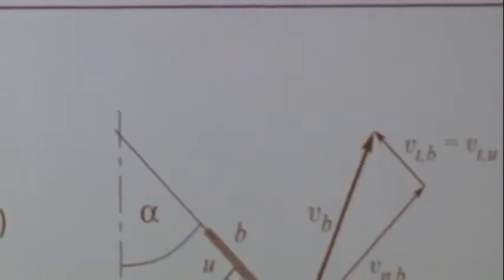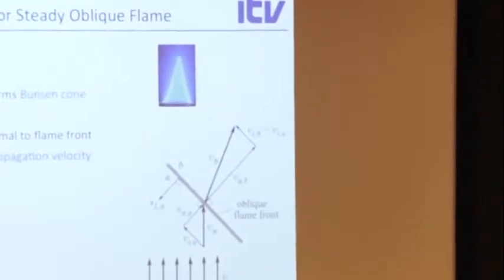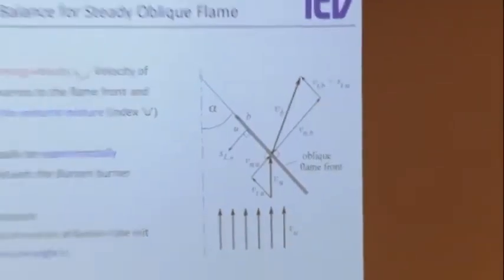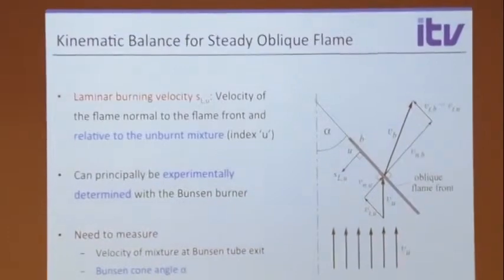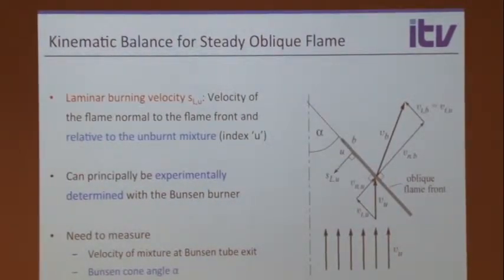It's also hard to get an exactly top hat velocity profile. Usually in a laminar nozzle you have a parabolic profile. You could try to straighten out the flow, but it's not a very accurate measurement. But if you want to do this at home, that's one thing you could do.